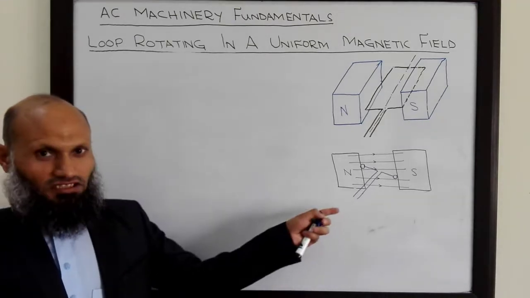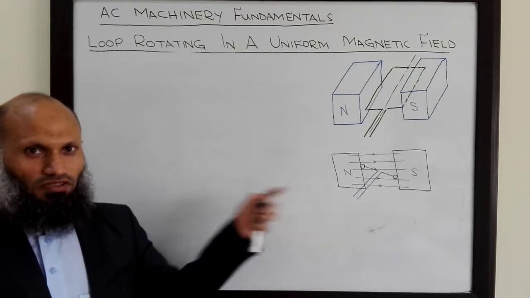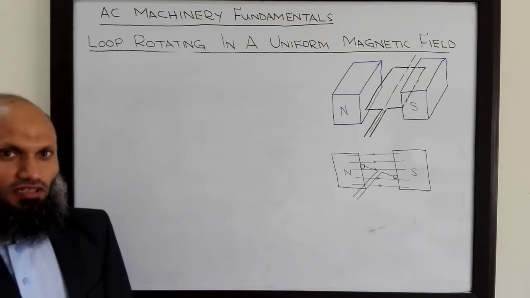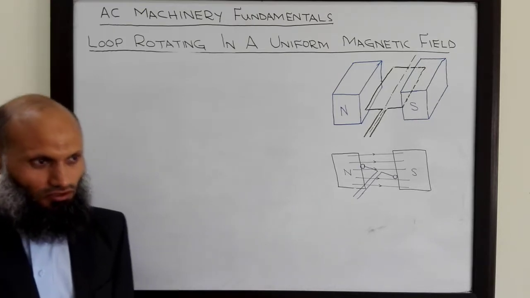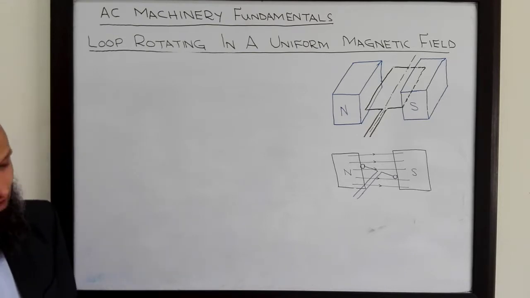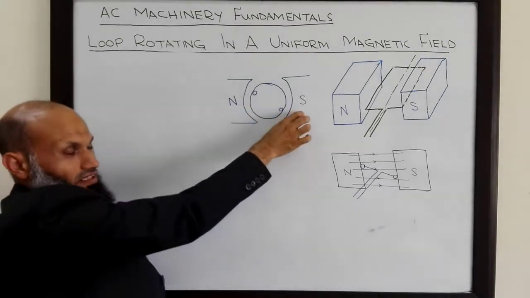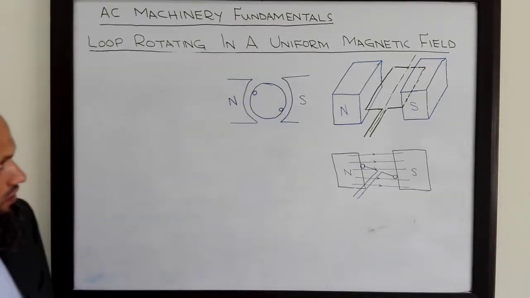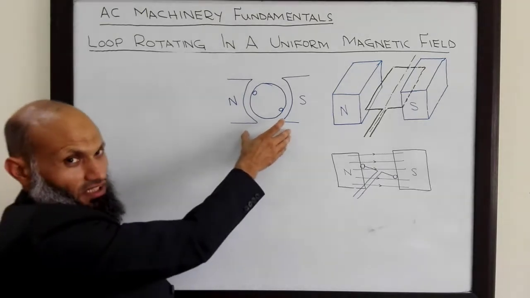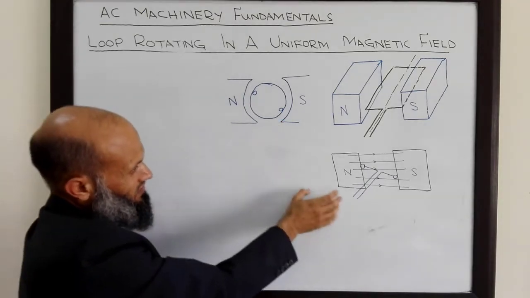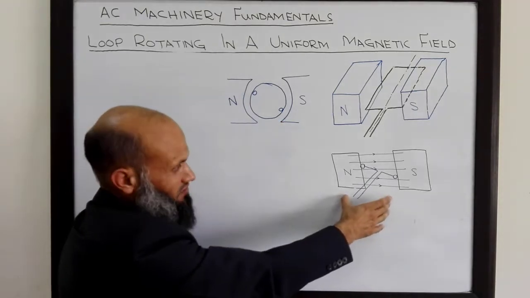A similar arrangement we have already talked about when we were discussing the fundamental principles governing the working of DC machines. Over there we had this situation. Again we had north and south poles. However, there were certain differences compared to this arrangement.